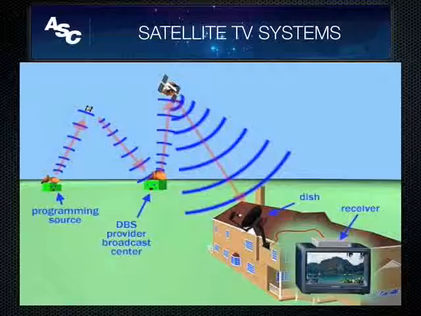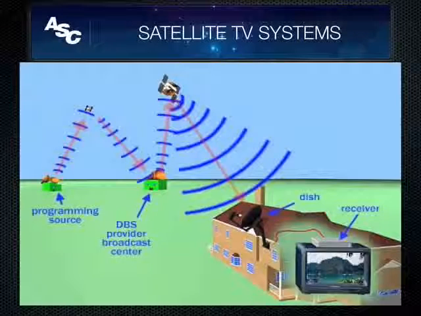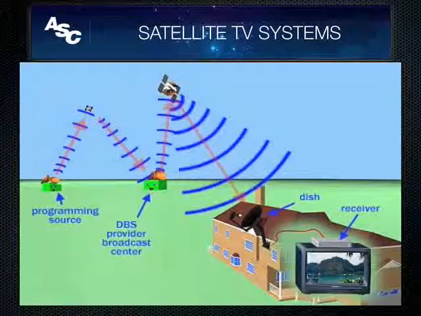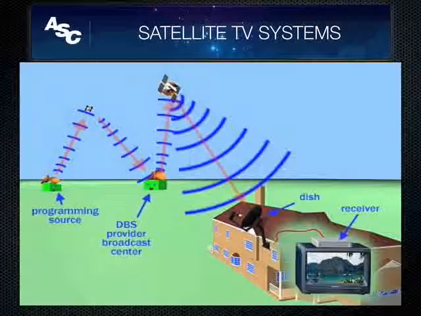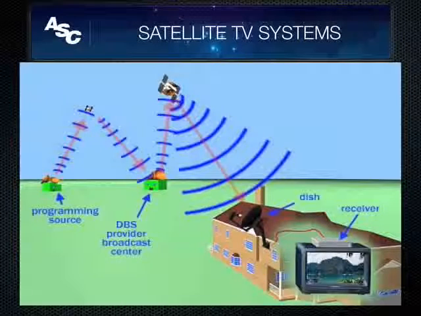TNT broadcasts or beams up its signal to a satellite. The signal comes down to the DBS provider broadcast center. That would be DirecTV. They then transmit that signal to their own satellite, and then that satellite broadcasts to the U.S. TV households.